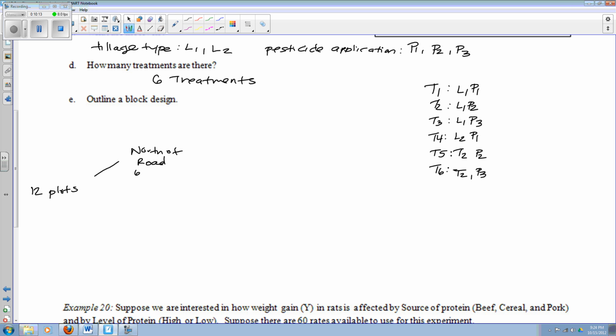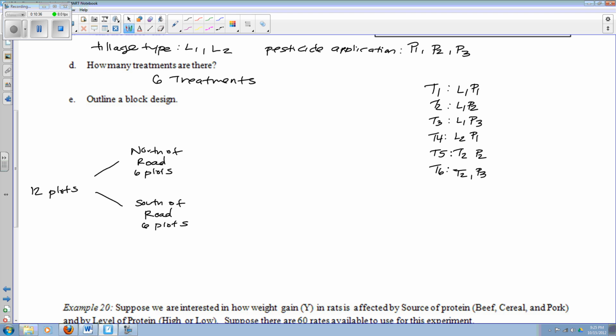And we have 6 plots here. And we're also going to do south of the road. And here there are 6 plots. And so we have 6 treatment groups. There's 6 plots both north and south of the road.